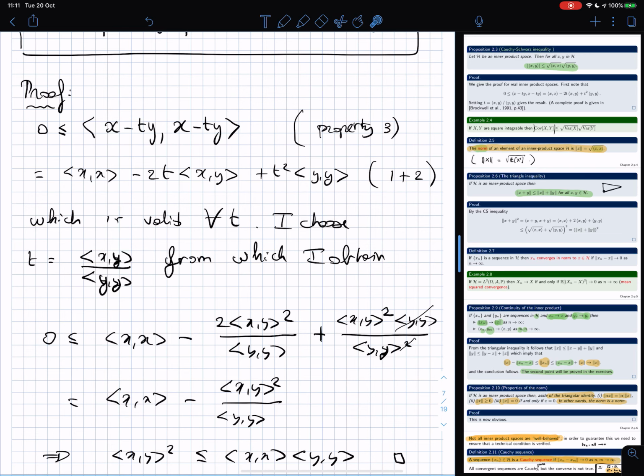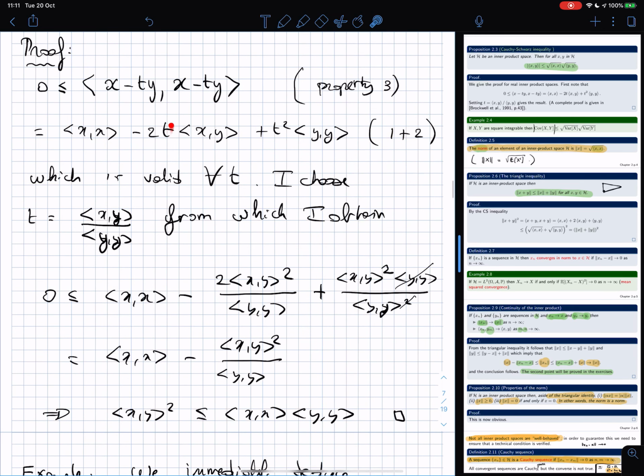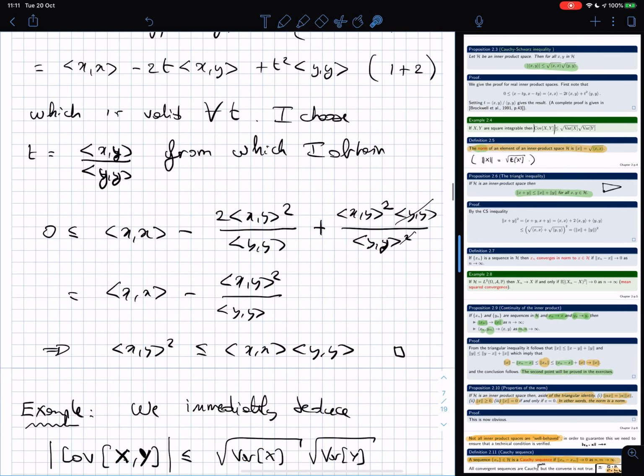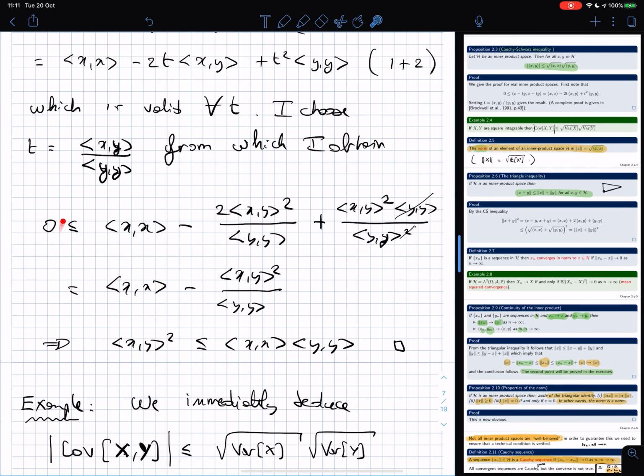And the t I choose is xy divided by yy. Why is that good? Well, I replace t by xy divided by yy. I get this thing here and I get this thing here. I simplify, I do all the maths, and what am I left with? I'm left with this inequality here. Well, lo and behold, this tells me that xy squared, which I can put here, is less than xx times yy.